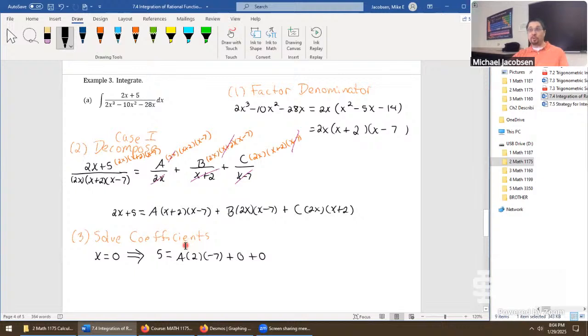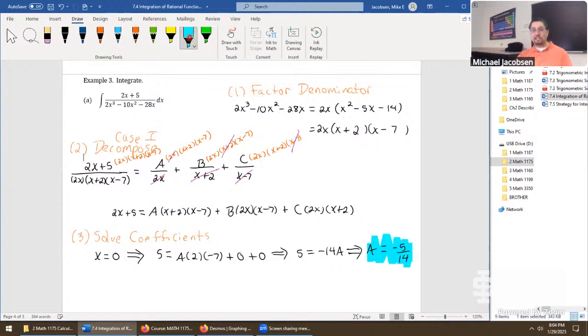Now we have one equation and one unknown. We can make that work. That equation implies 5 equals -14a. And so therefore, a equals -5/14. I'll highlight that in blue just to make it easy to find when we go to use that value. And that's 1 down, 2 to go.